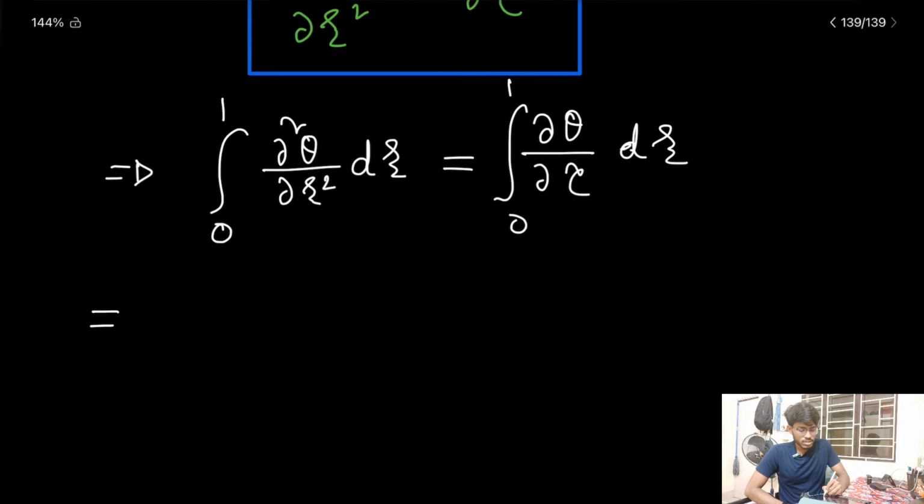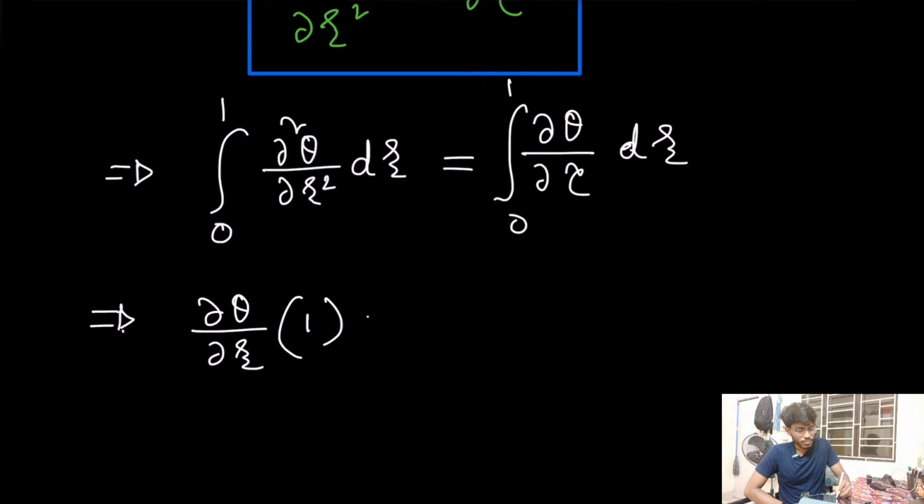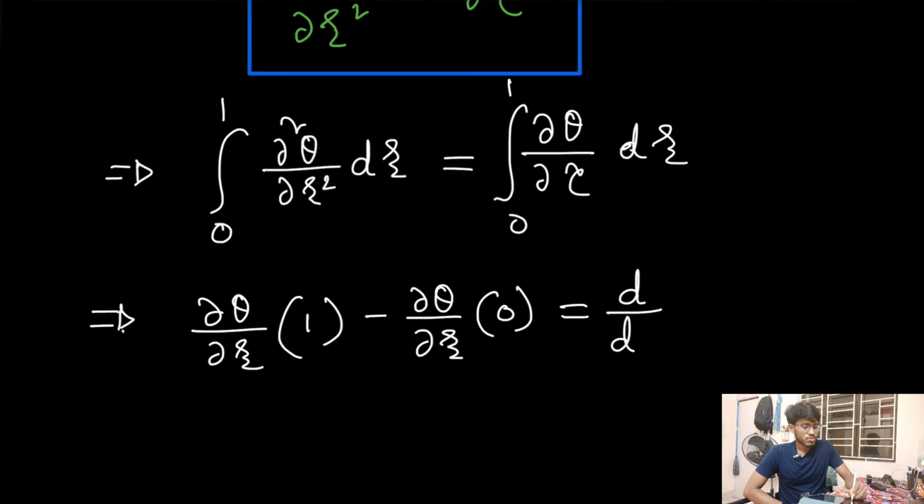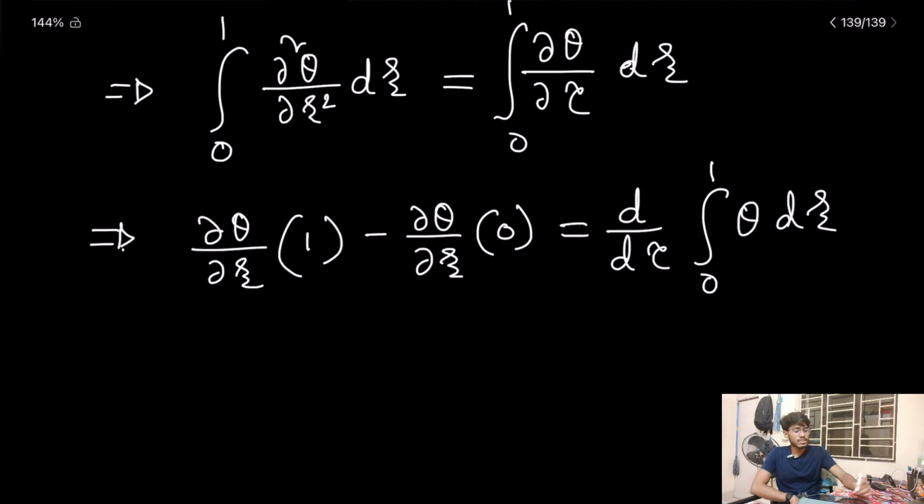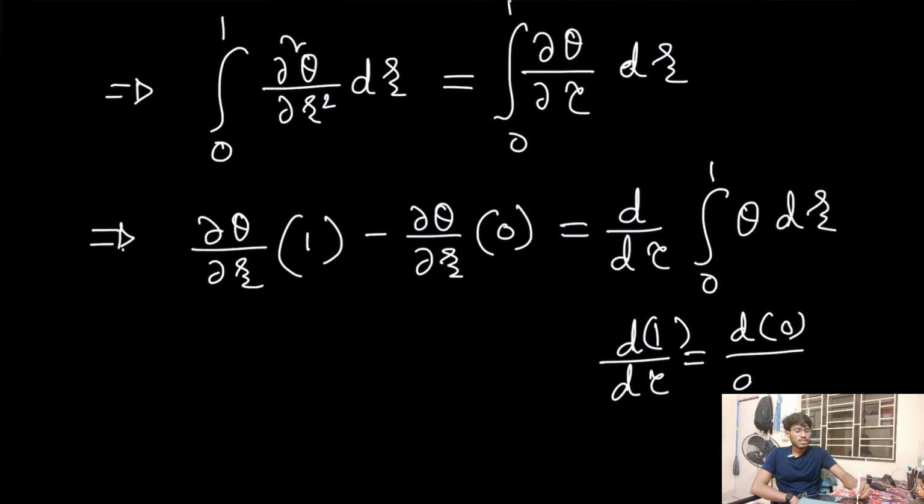Now both 0 and 1 are constants, so I can directly write this at 1 minus this at 0 is equal to the integral of theta d xi, and all those terms will be 0. Why? Because I have this one equal to d of 0, theta is equal to 0, right?